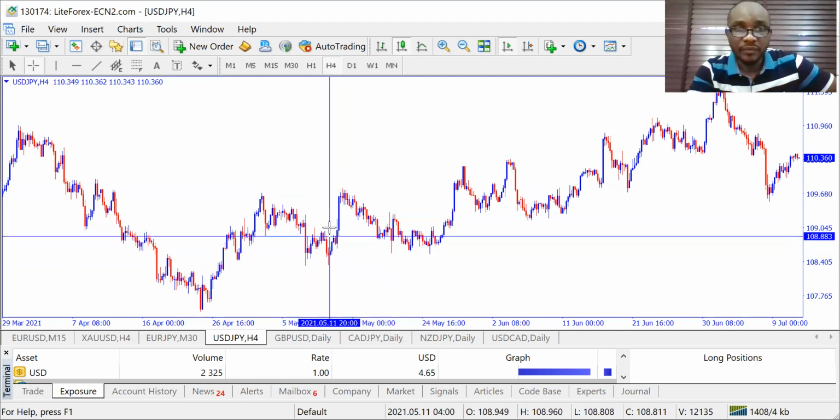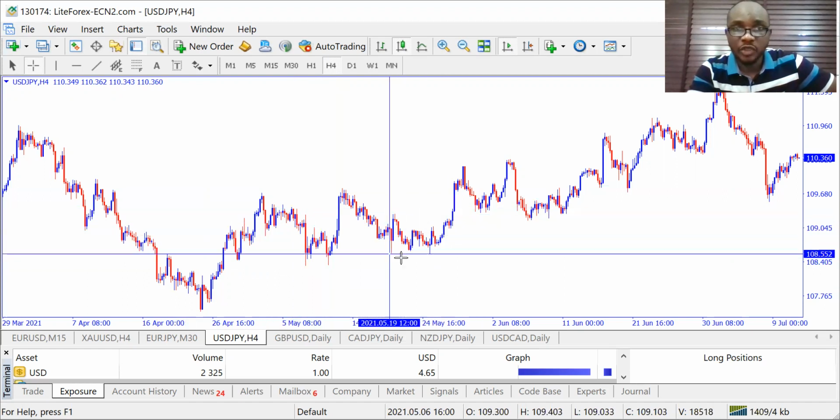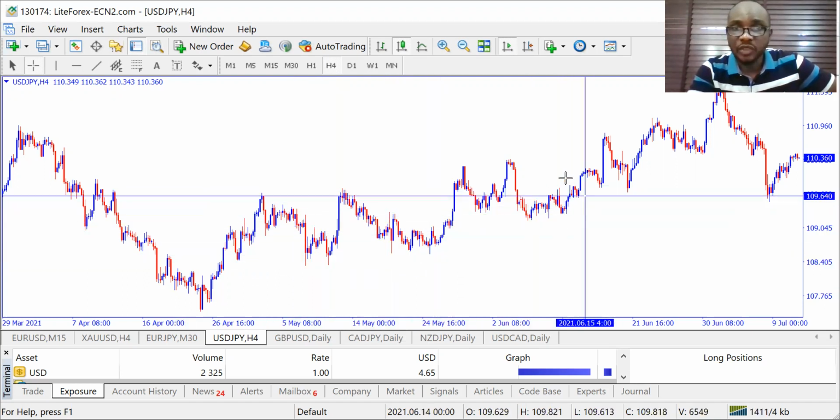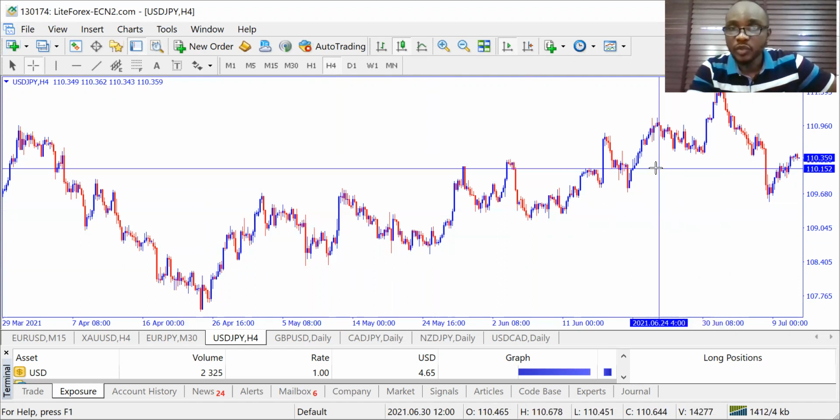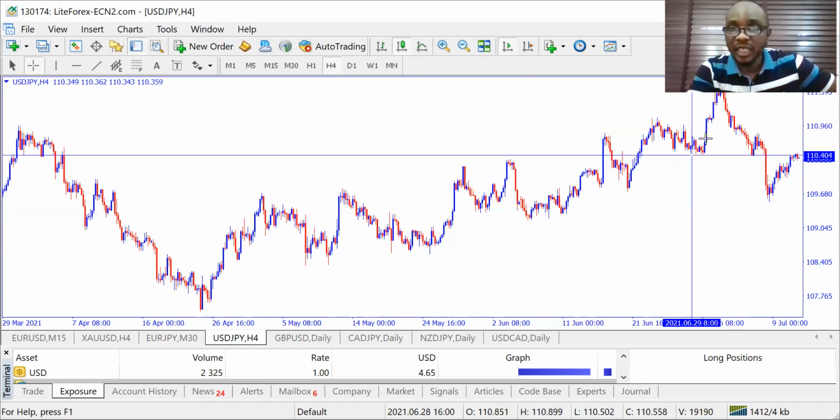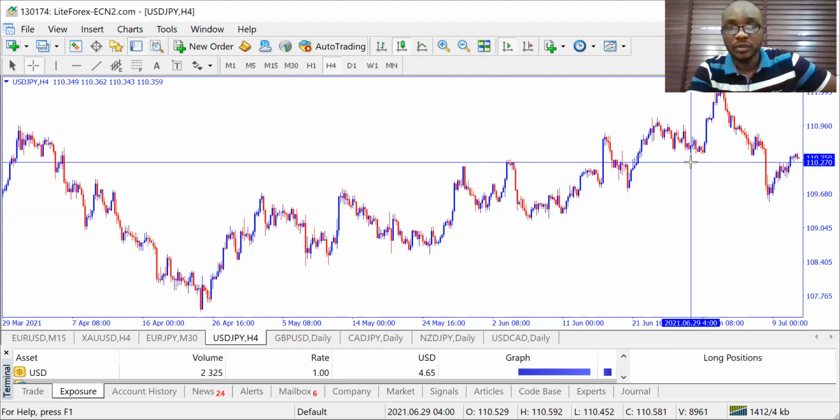You see this action here is similar to this action here, and this one here. It is called a pullback.